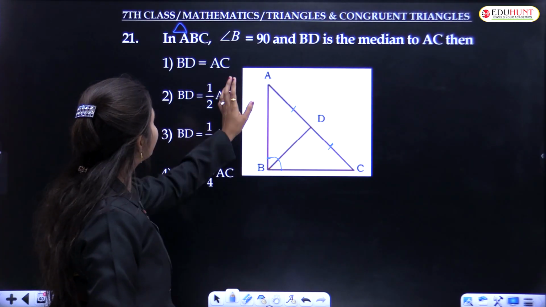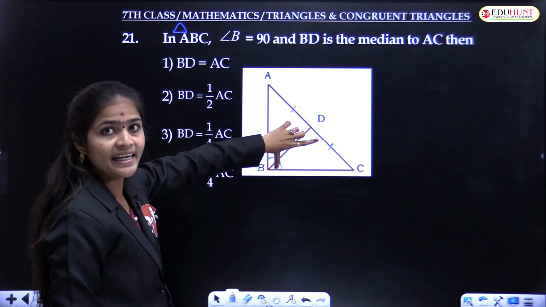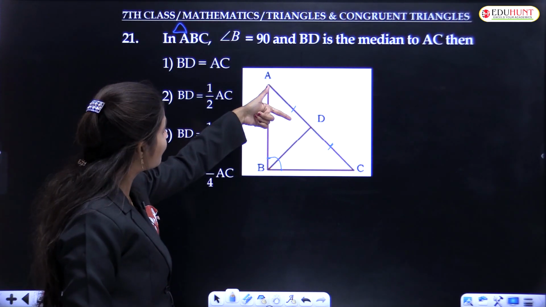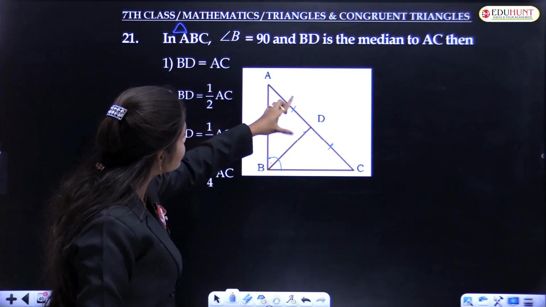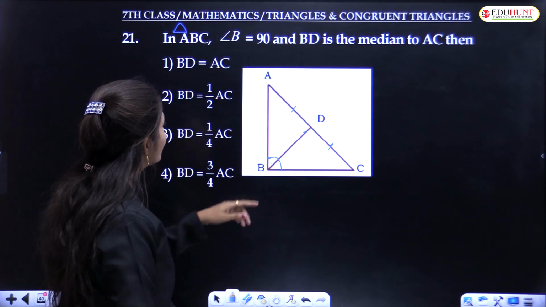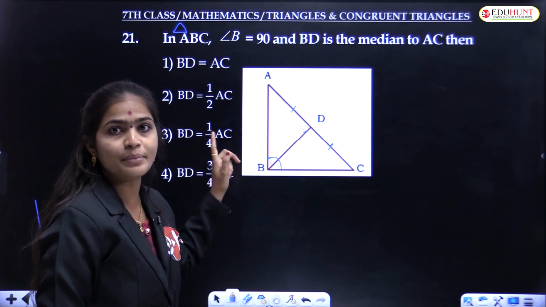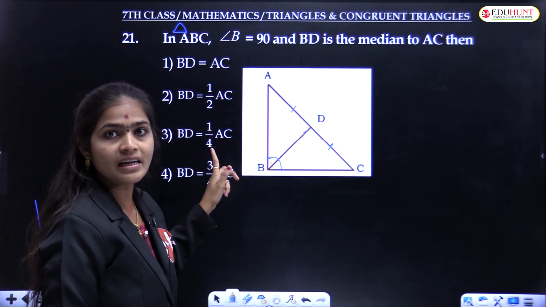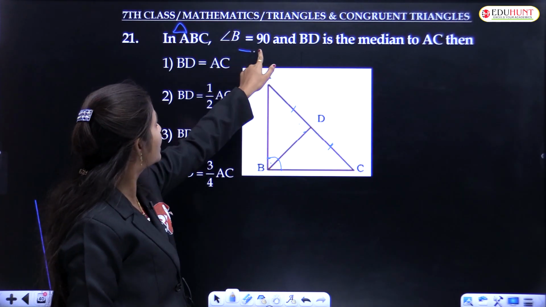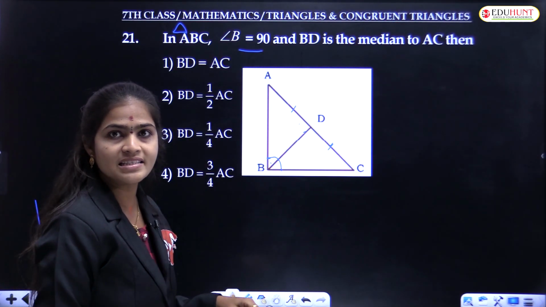So children, they are saying that angle B is equal to 90 degrees. BD is the median. BD is the median means here we can say that BD is equal to AD is equal to CD. Yes or no? Why? Because here D is the circumcenter of the triangle ABC. Why? Because here they mentioned that B is equal to 90 degrees. So we can take that there is a perpendicular bisector.